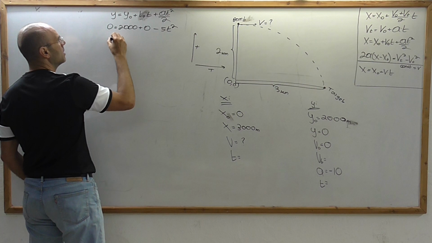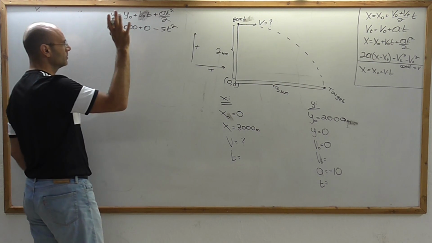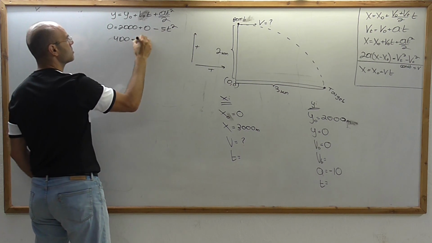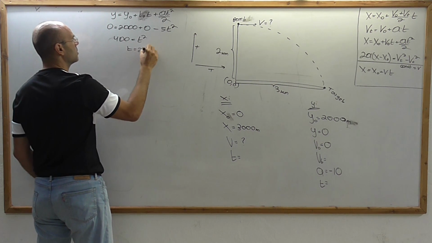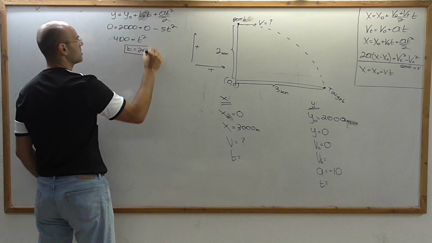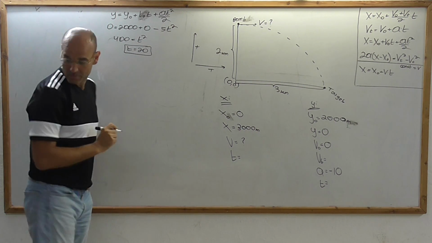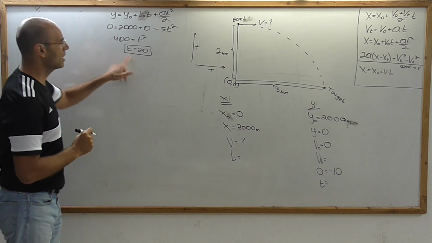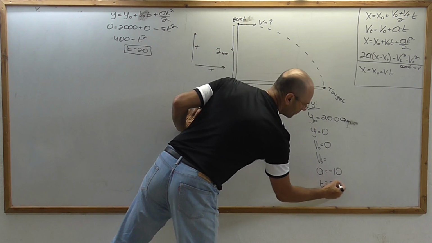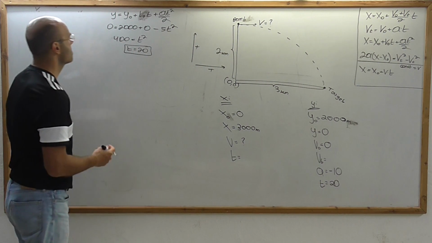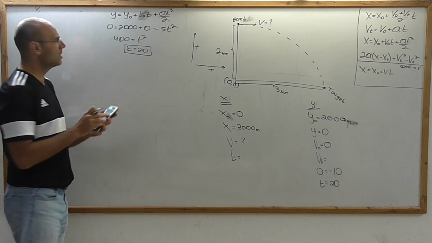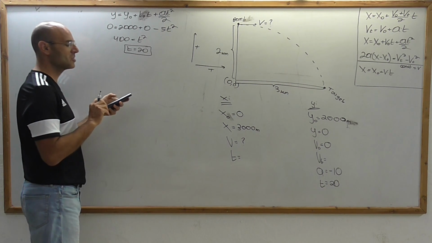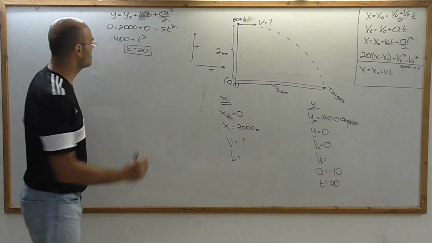So 400 equals t squared, t equals 20 seconds. Great, I have beautiful numbers. Lucky me. Okay, so t is 20. I have a calculator just to make sure. It's strange that it's so nice numbers.